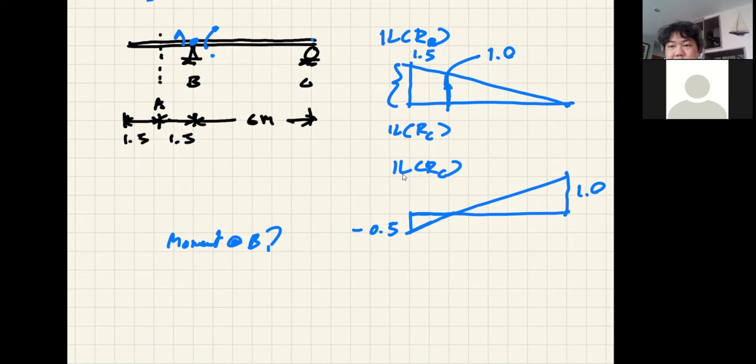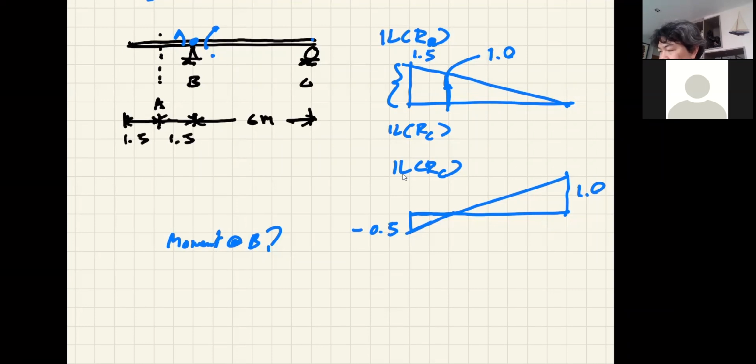And you should notice that if you understand the behavior of the structure, you should know that if there is a load outside of B, B will have negative moment, right? But when the load comes inside between B and C, it becomes a simple beam because there's no load outside B and C. So you shouldn't have moment at B because it becomes a simple beam.